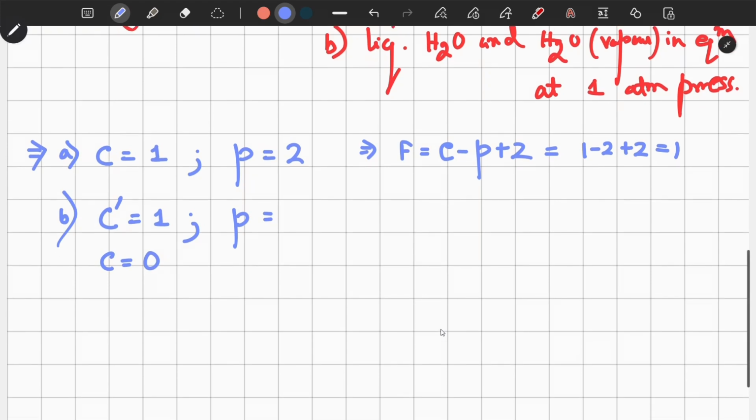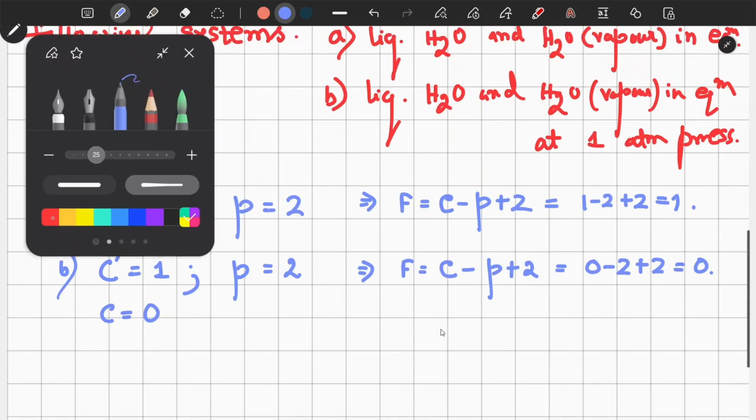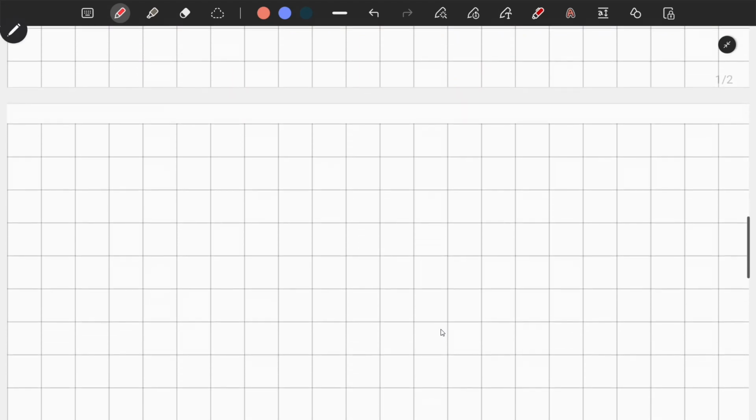So now it will be C is 0, P is 2, then it is 0 minus 2 plus 2. It's 0. Correct.